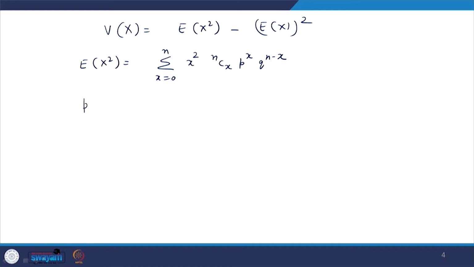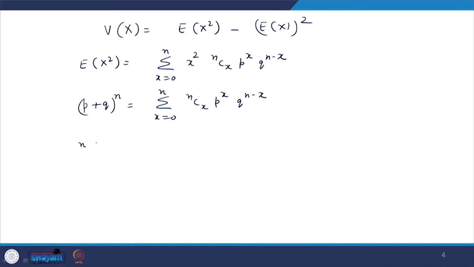So, again, (p + q) raised to power n, as we have already seen, is summation x from 0 to n, nCx p raised to power x q raised to power n minus x. You differentiate both sides with respect to p.